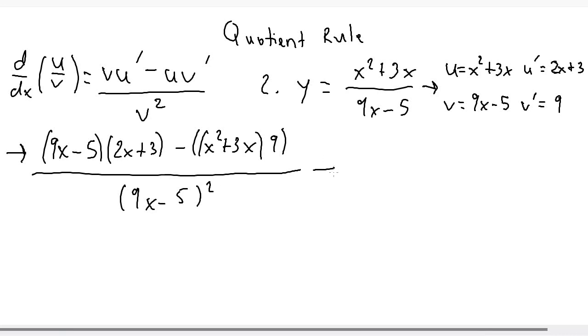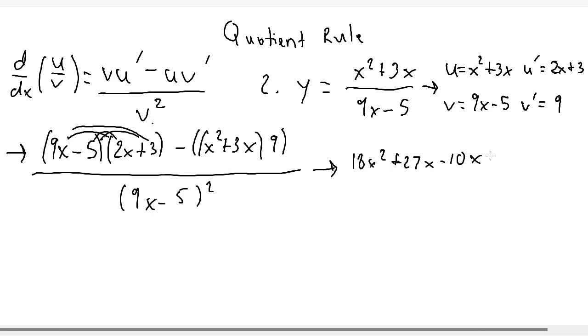So now in order to simplify this, we have to FOIL 9x minus 5 and 2x plus 3. So 9x times 2x is 18x squared. 9x times 3 is 27x. Negative 5 times 2x is negative 10x.